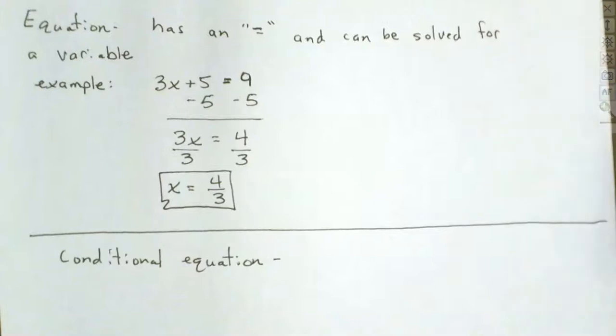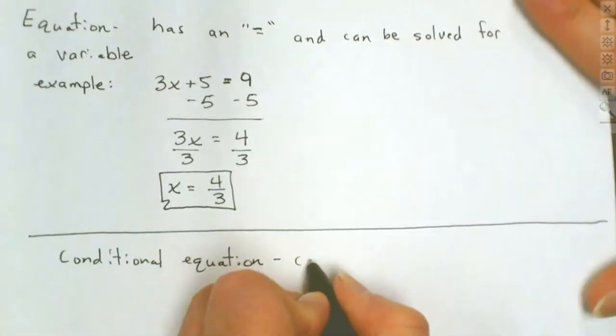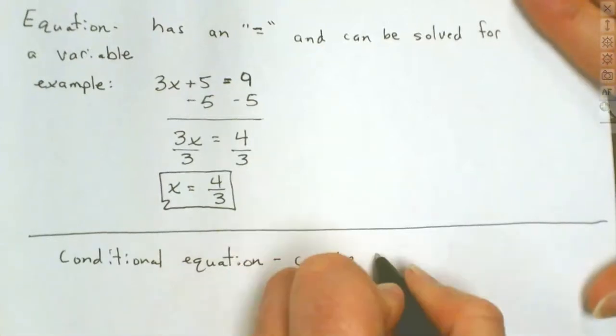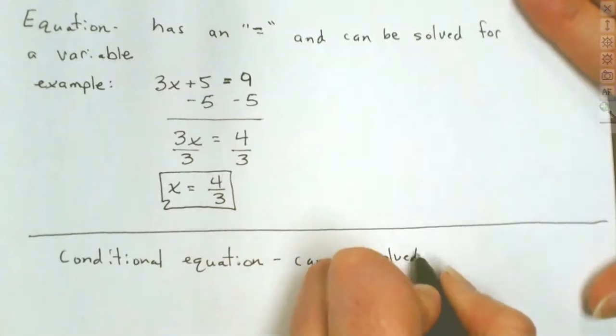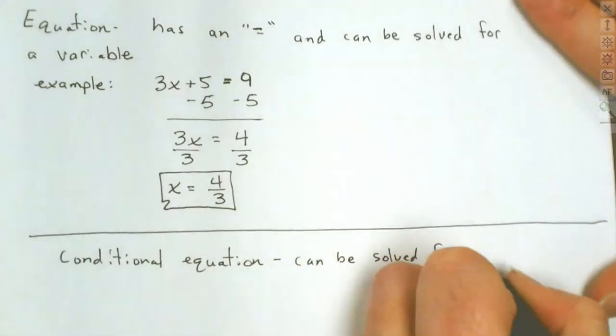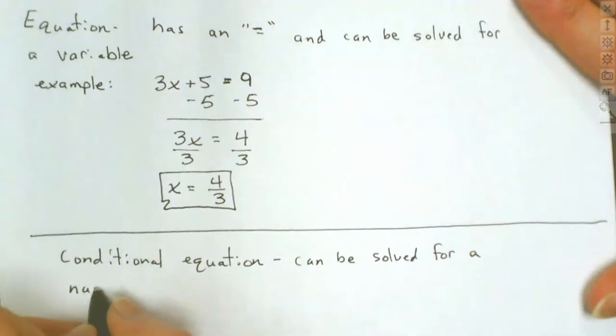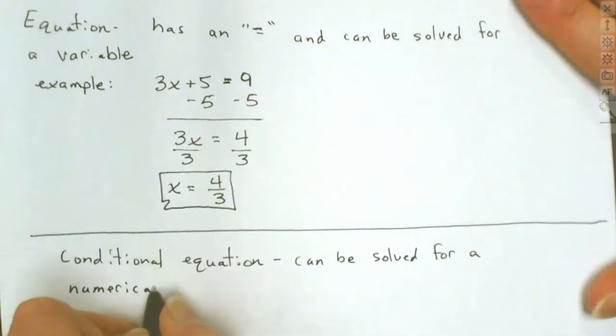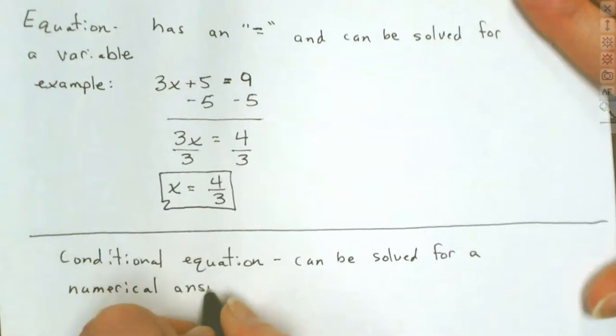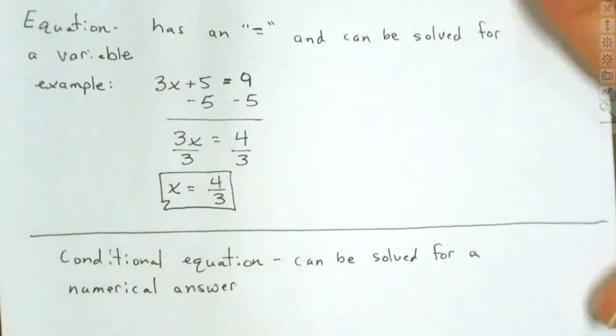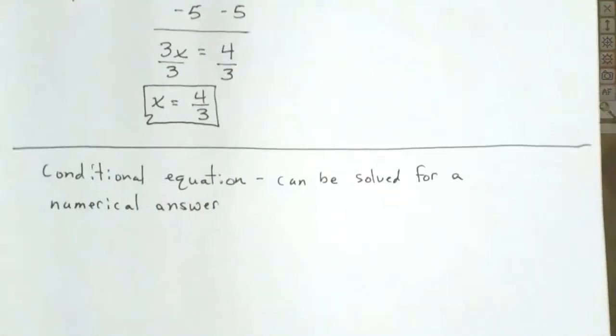So you're going to get a numerical answer. So it can be solved for a numerical answer. So we're going to be able to solve these, and we're going to get an actual answer.